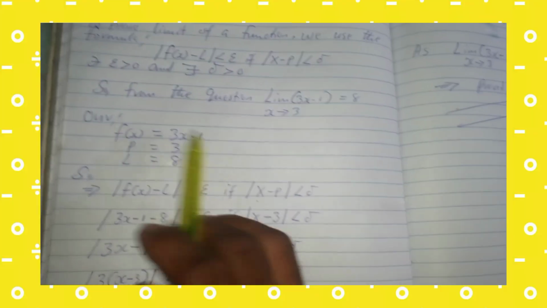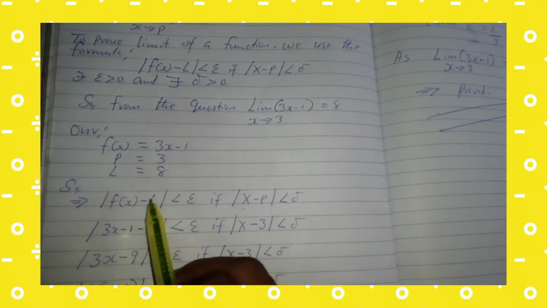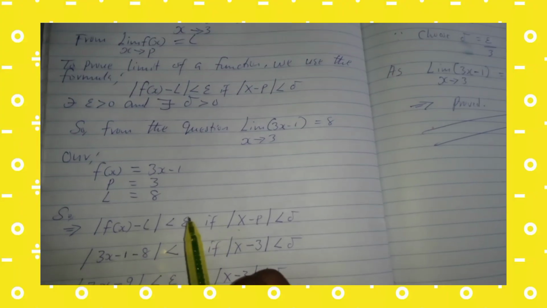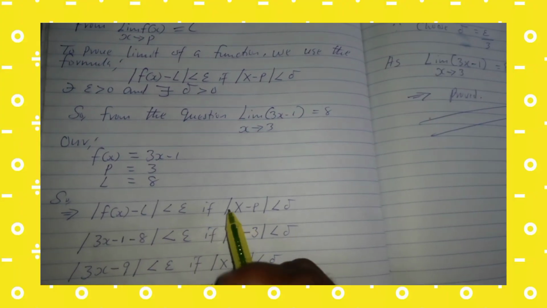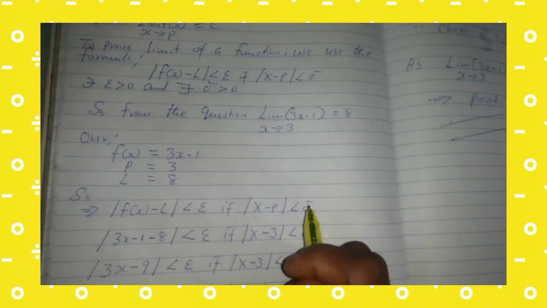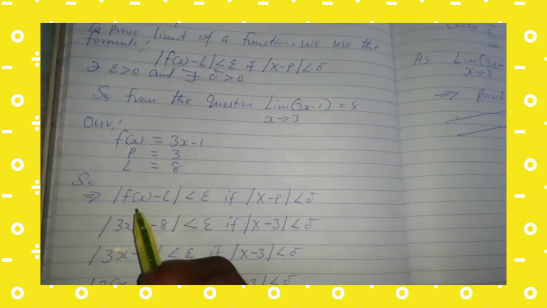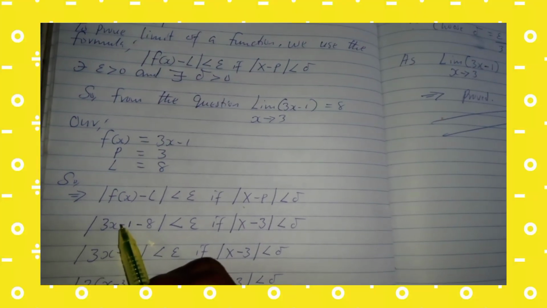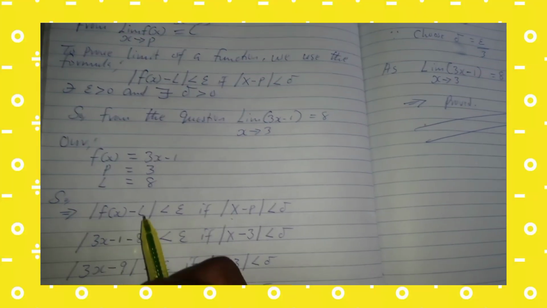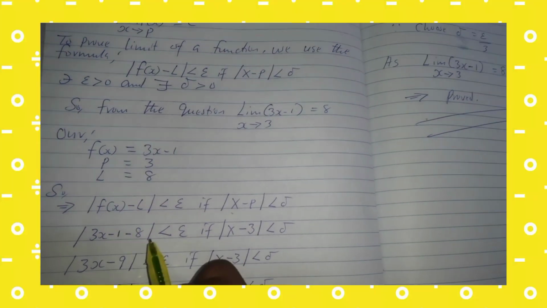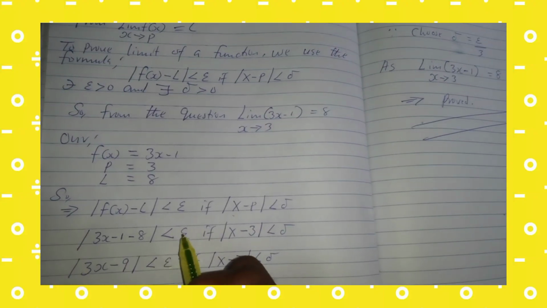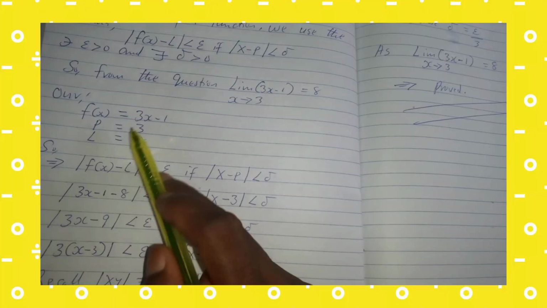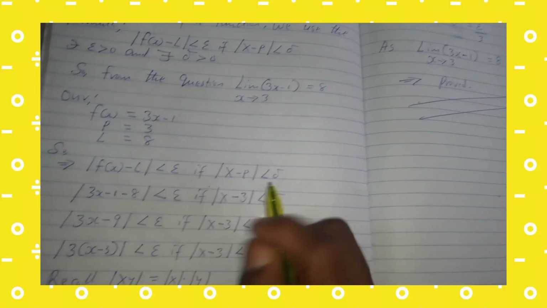So we put these values into the formula: the magnitude of 3x minus 1 minus 8 is less than epsilon if the magnitude of x minus 3 is less than delta.